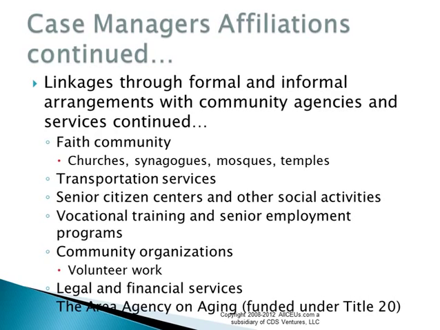Formal and informal arrangements can be with faith communities, transportation services, senior citizen centers, senior employment programs, community organizations that place clients in volunteer work, legal and financial services, and the Area Agency on Aging. Legal and financial services. You don't like to talk about it a lot, but older people do have the concerns of their wills.